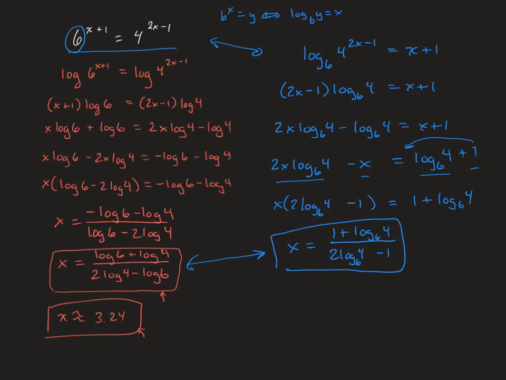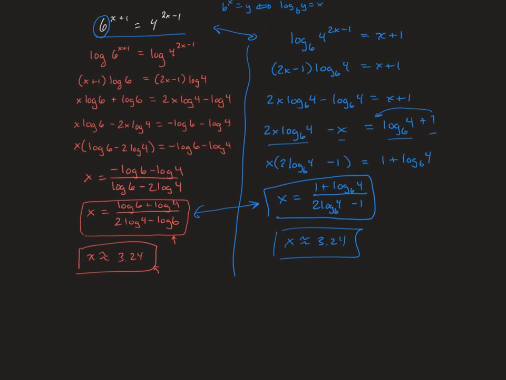And lo and behold, I get the exact same answer. Okay, so these are the two methods that we can use for solving exponential equations. This one is using the definition of a log, and the other one is using the logarithmic property of equality because we're taking the log of both sides.